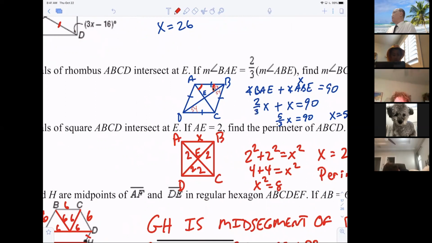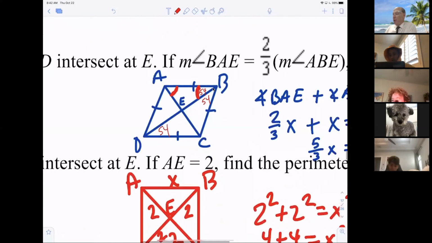So there must be something special about the diagonals of a rhombus. They are perpendicular. Does everybody agree with that? That's another really good question because you have to kind of know the rule. Did everybody understand what I said: don't tell me about the sides if we're talking about angles. Try to figure out what's special about the angles.